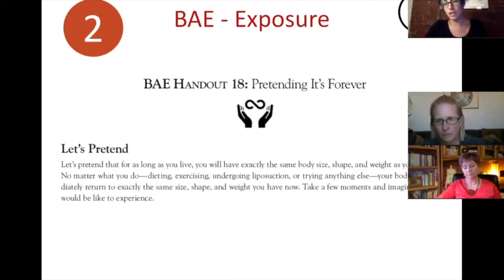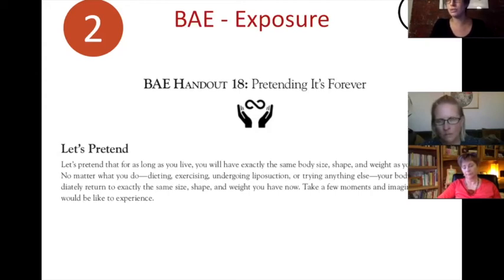So imagining weight gain, imagining negative consequences of weight gain. I gained 15 pounds and my boyfriend dumps me. I gained 15 pounds and I'm no longer the star athlete on my team. These kinds of fears are really the fears that I believe are the crux of the eating disorder. And what my dissertation showed years back was really that fear of fatness was one of the most important variables to target with treatment.